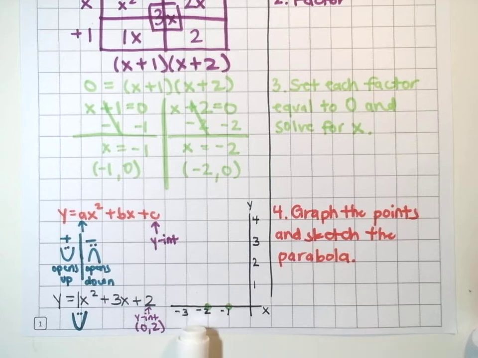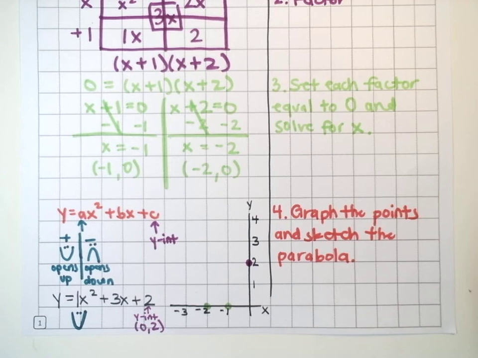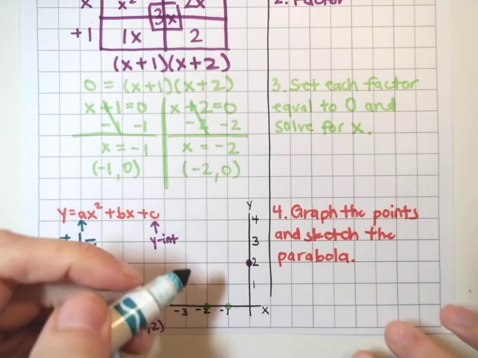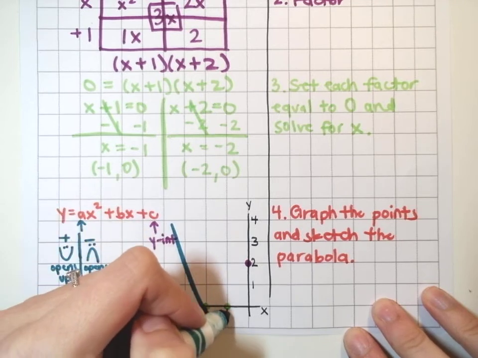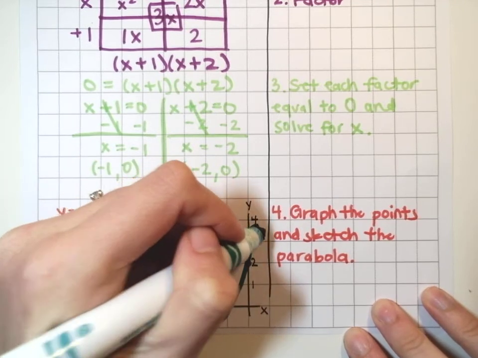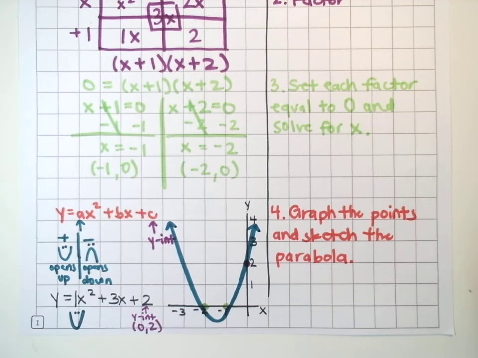And see that we could get a lot of different parabolas with those two. So we get some more accuracy by looking at a and c. So next we can plot our y-intercept, which is +2. And then that confirms too that our parabola is a happy face, that it opens up. And so we'll just sketch our parabola. We have a pretty good idea of what this parabola looks like.